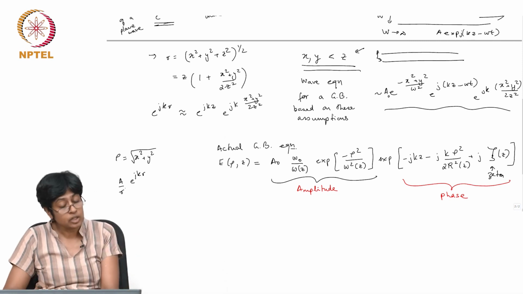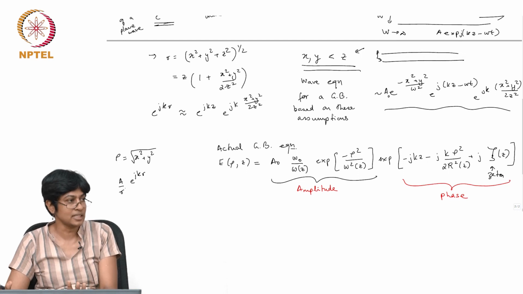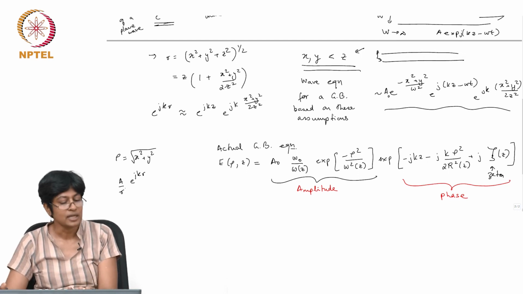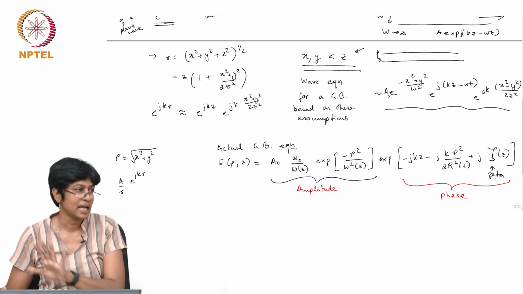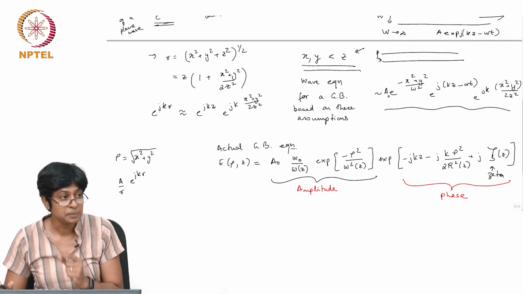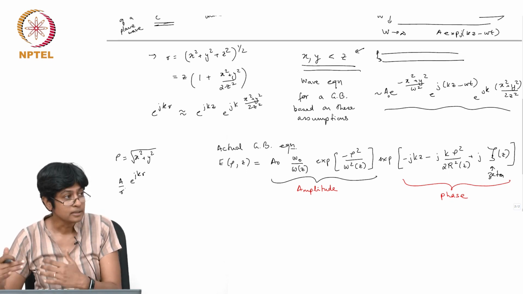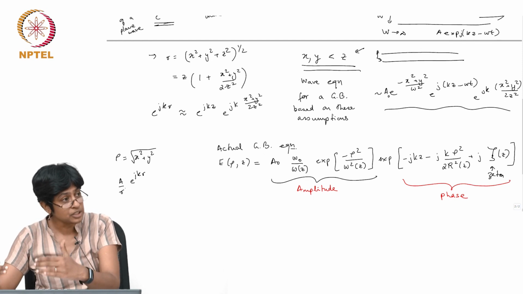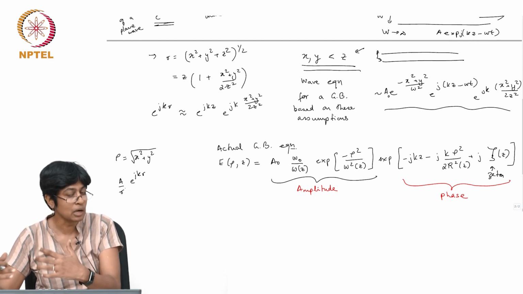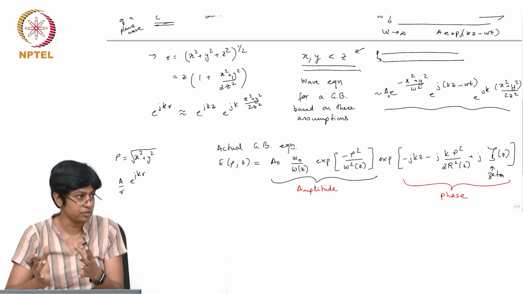So while you may not understand each of these individual terms in this Gaussian beam expression, you can still see, as any expression for a wave should have, there must be an amplitude term and there must be a phase term, and we can see that here. You should also be able now to see some similarity between the expression we arrived at, taking into account some assumptions that modified the plane and spherical wave, right?